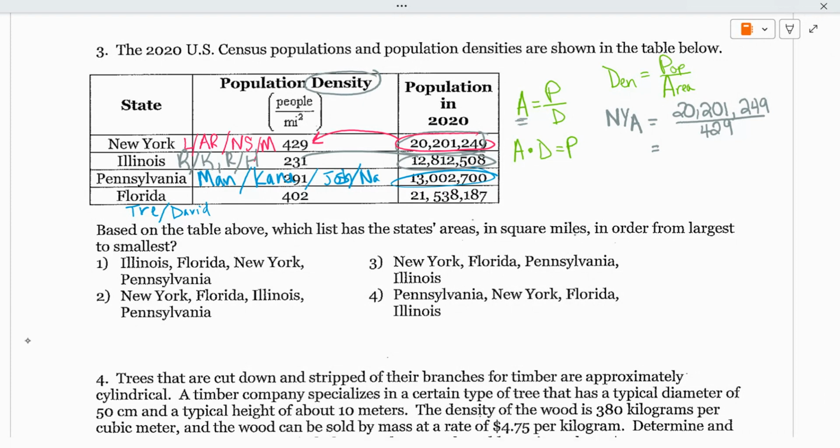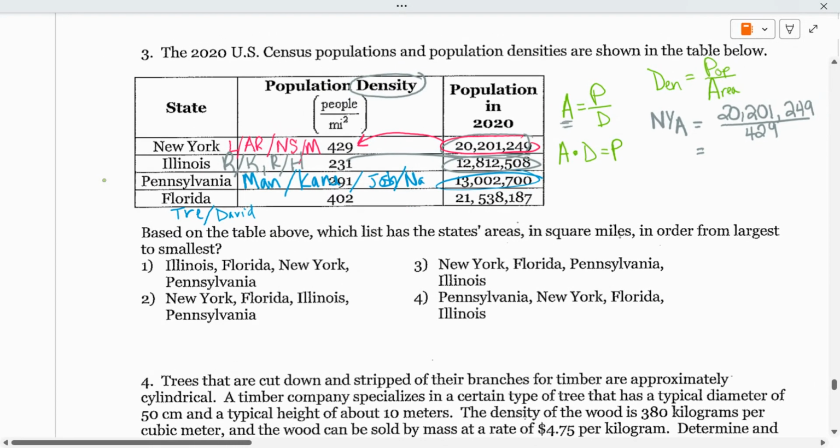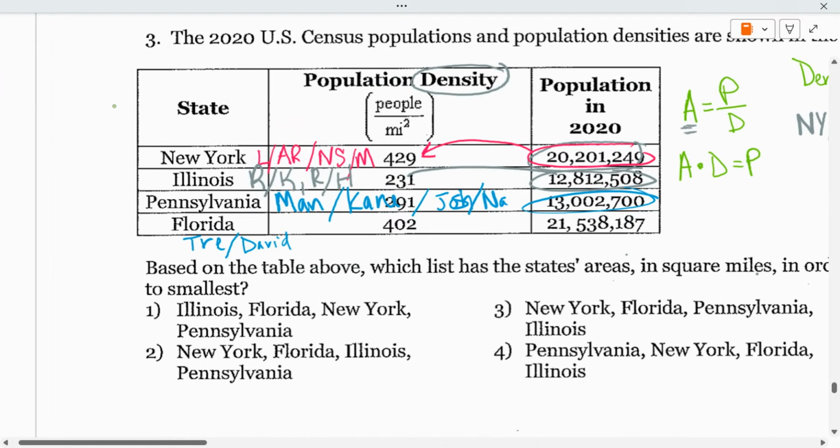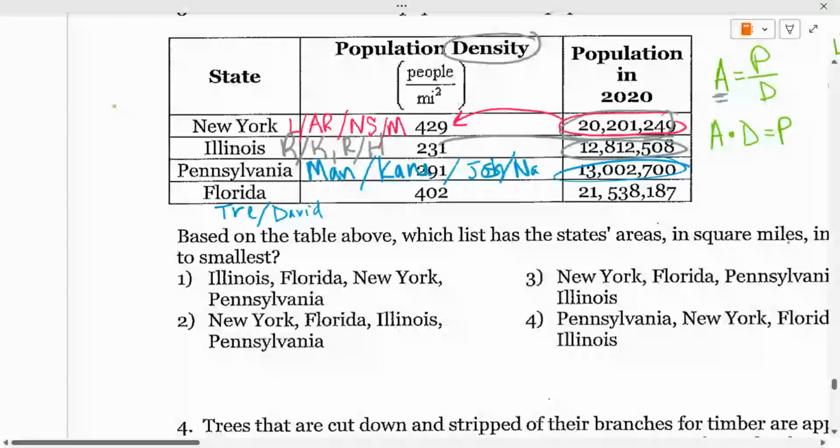ILL or IL. Okay, so I'm gonna slide over this way. So what did we get for the area in square miles of the state of New York? 47,000 what? Thank you. Okay. What about Illinois?